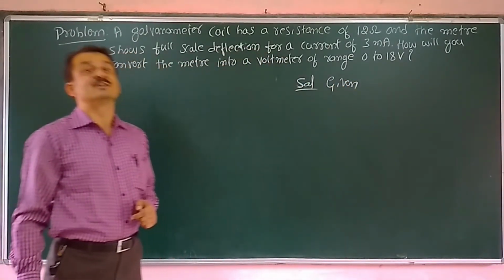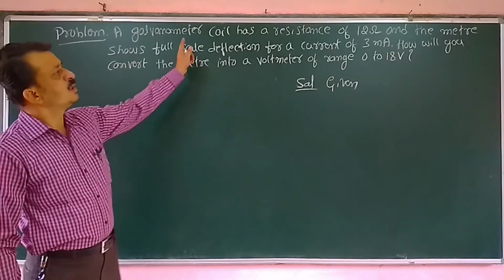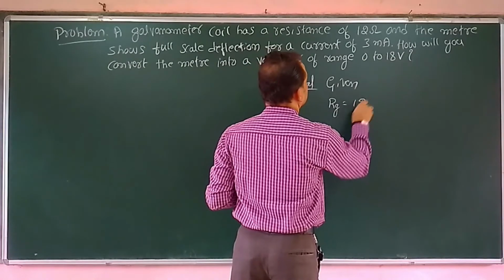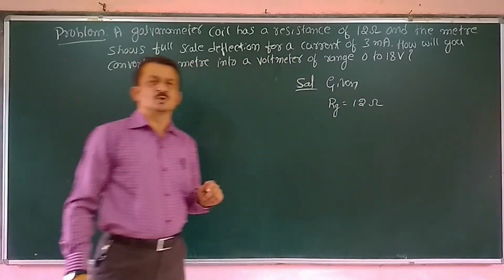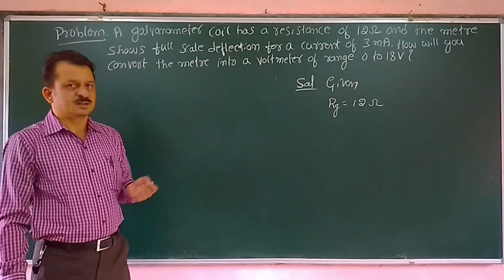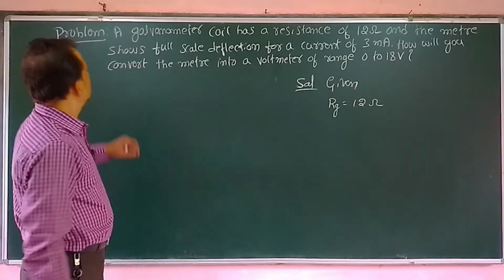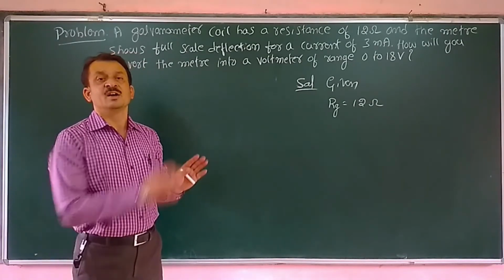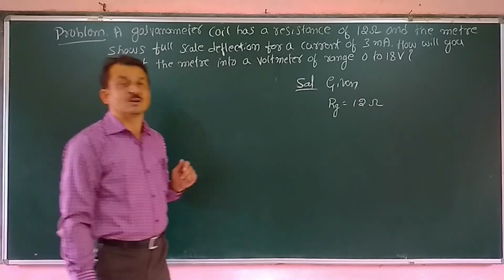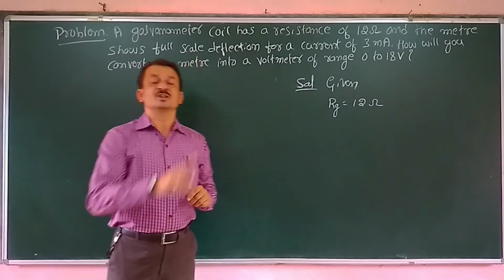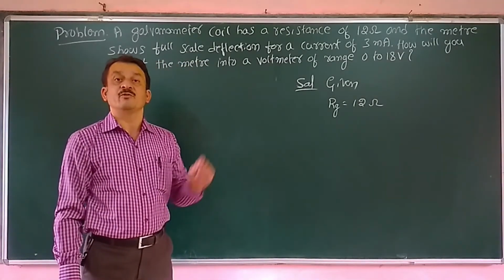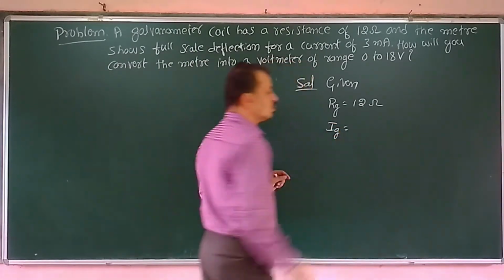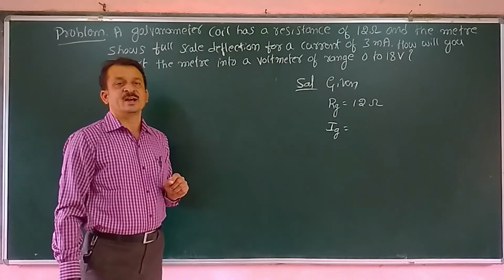First we will list out what are the given things. They have given a galvanometer. Resistance of the galvanometer is given, that we have taken as Rg is equal to 12 ohm. In some textbooks they have taken it as simply capital G. Okay, doesn't matter. It shows a full scale deflection. Full scale deflection means the current for maximum deflection in the galvanometer. The current for one deflection we have called the figure of merit. The current for maximum deflection is called full scale deflection, that is represented by Ig.